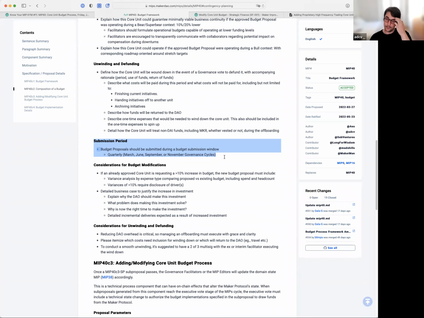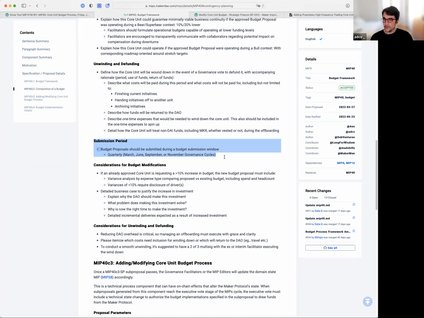What this in practice does is force a little bit more planning, and it's related to the fact that a budget can have a minimum of a 3-month window for operations. So, at the expense of the loss of some perceived flexibility, it just makes the life of a delegate a lot easier to know that, okay, the March cycle is when I'm going to review 50 budget requests, and it's done, and that's it.